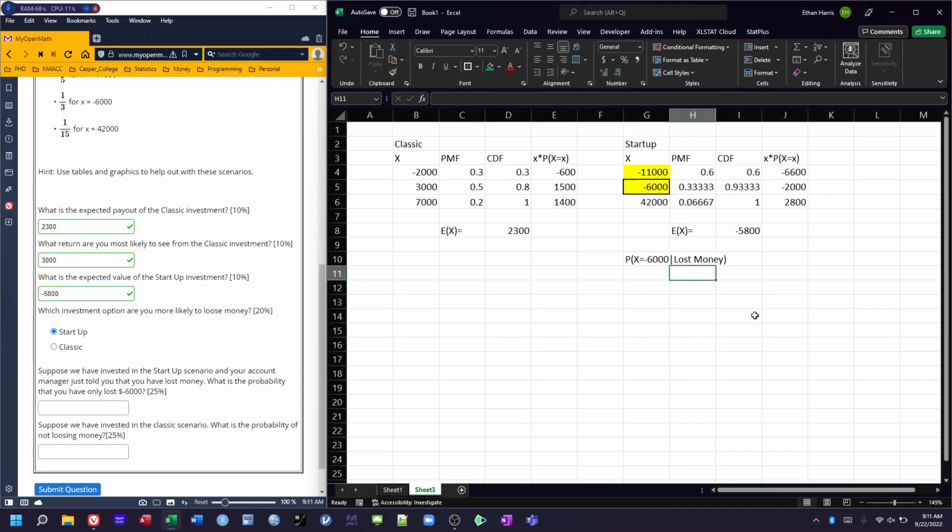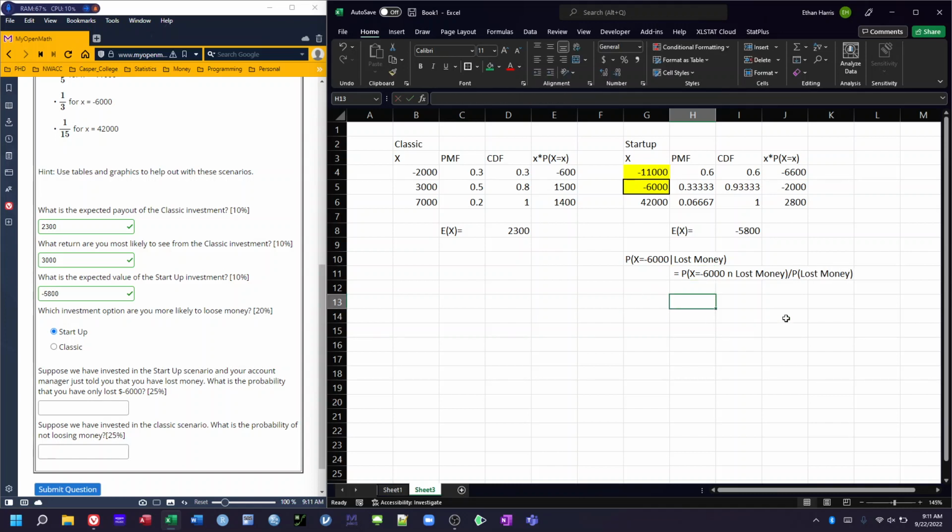In order to do that, I'm going to write this in a new format. I can do the probability that x equals negative 6,000 intersect lost money, and we can now divide that by the probability of lost money.